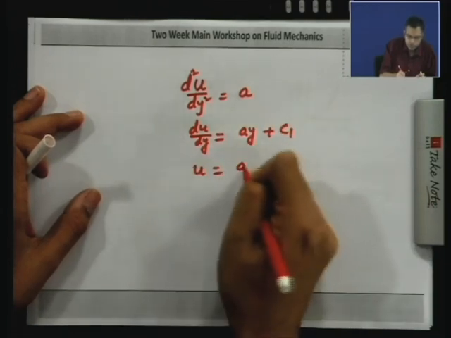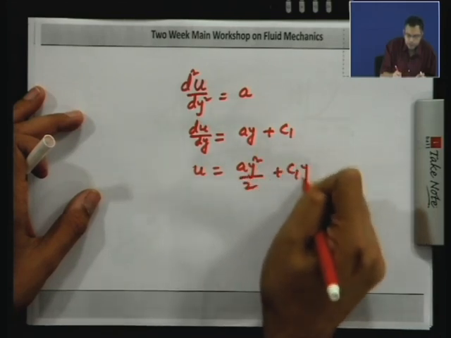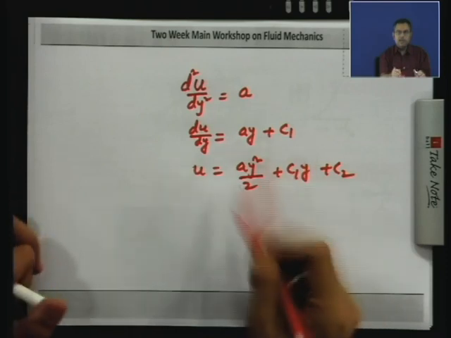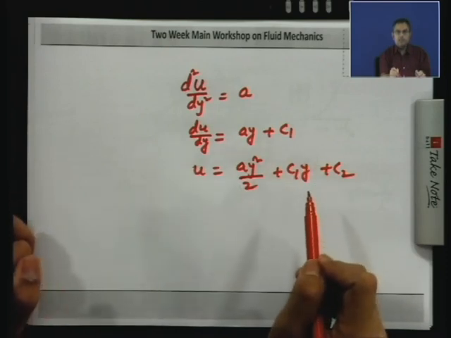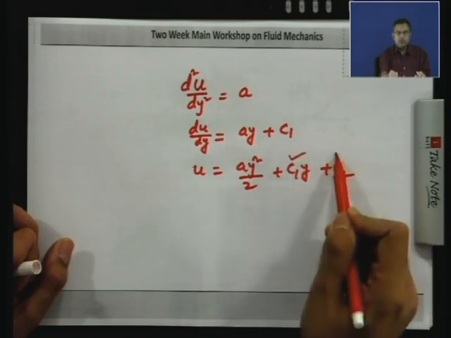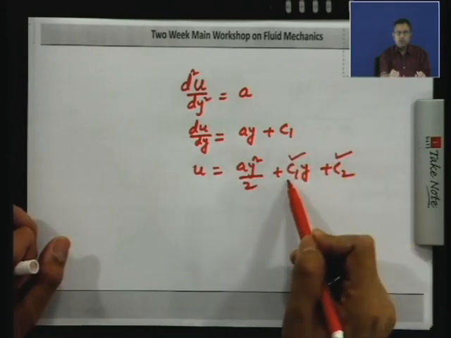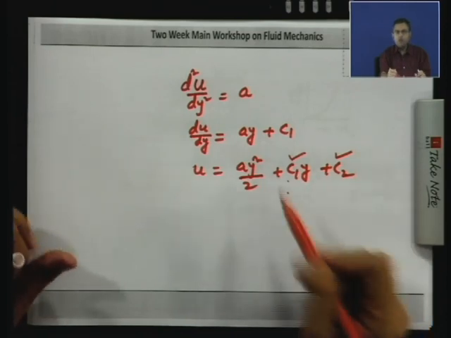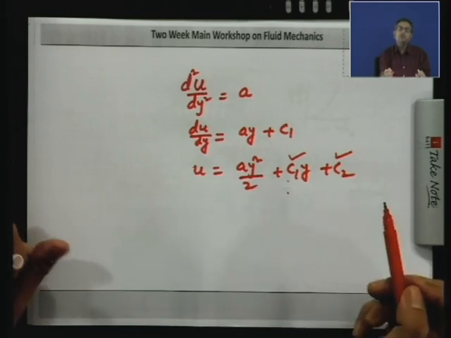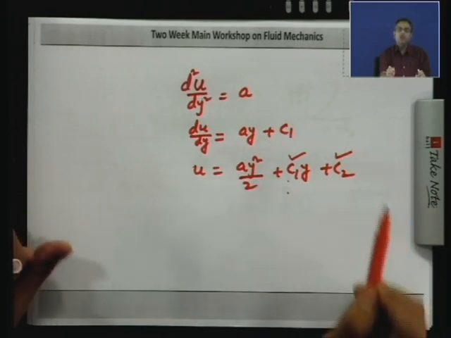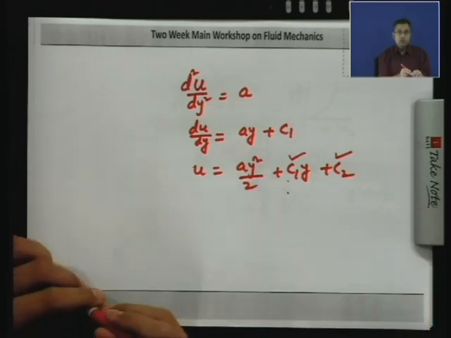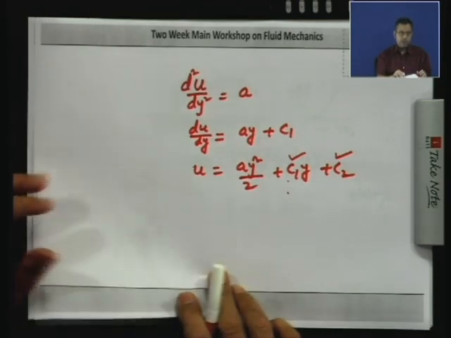So, u is equal to ay square by 2 plus c1y plus c2, right. So, that is the generic integration, and then these c1 c2 you have a couple of these values, one c1 c2 for one layer, another c3 c4 for another layer. You have 4 unknown coefficients and 4 boundary conditions. So, you will get 4 equations with 4 unknowns c1 c2 c3 and c4. From that you can evaluate. Okay, thank you. Next question.